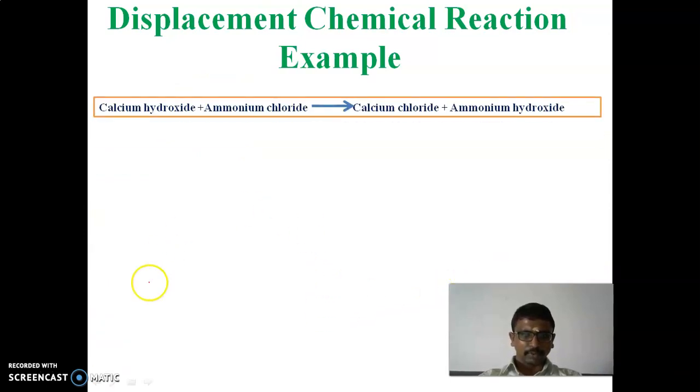And one more reaction example, that is calcium hydroxide plus ammonium chloride. In calcium hydroxide, calcium is the cation and hydroxide is the anion. In ammonium chloride, ammonium is the cation and chloride is the anion.